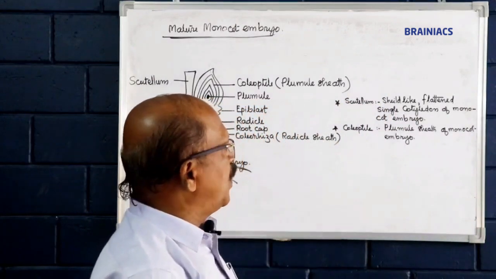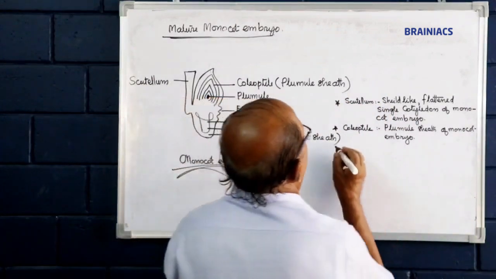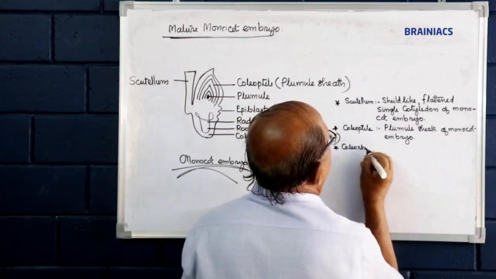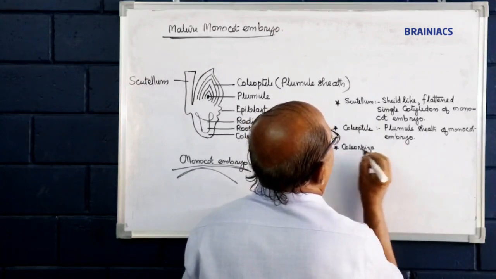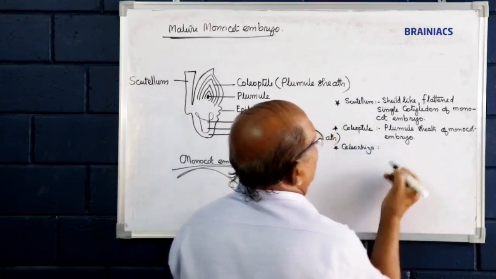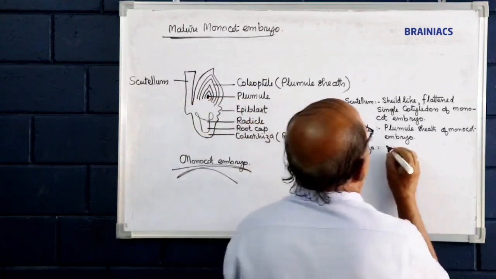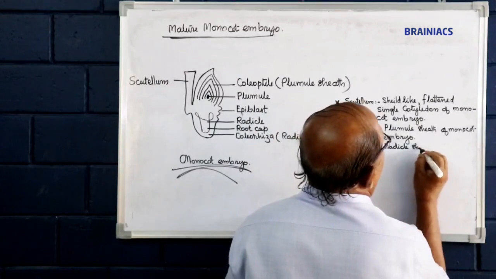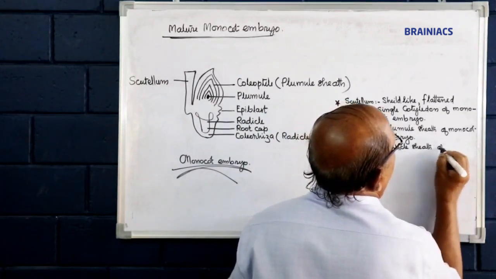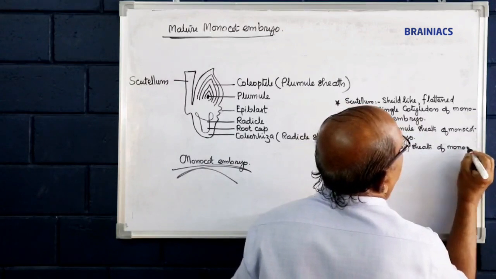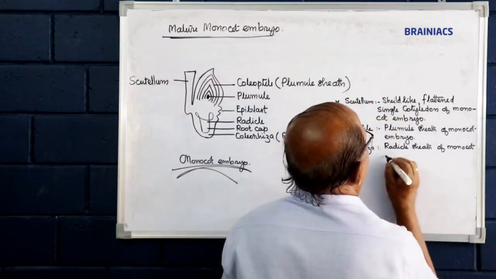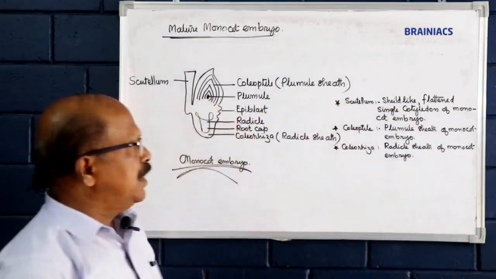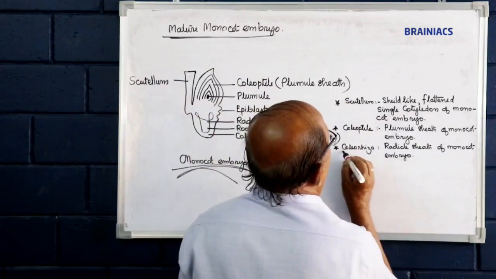The plumule sheath of the monocot embryo is called coleoptile. Coleorhiza, the radicle sheath of the monocot embryo, is coleorhiza.